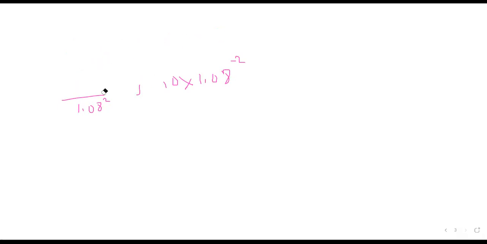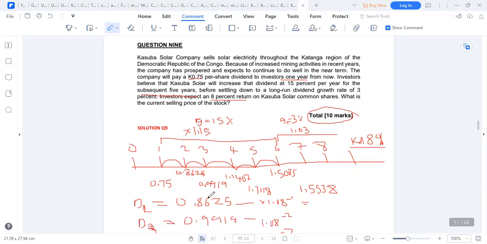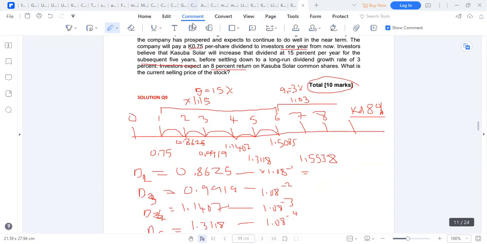All right. Due to space, I'm trying to ensure that I don't miss my calculations here. So what next follows? After finding these future values, we want to know the value of the stock in year 0.